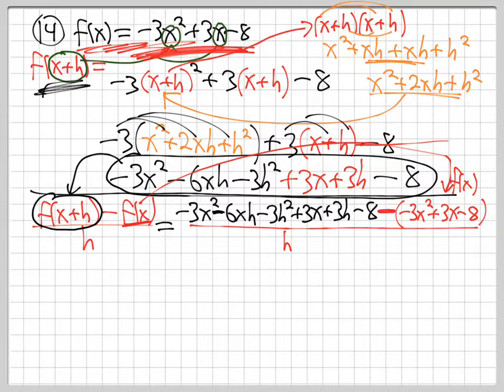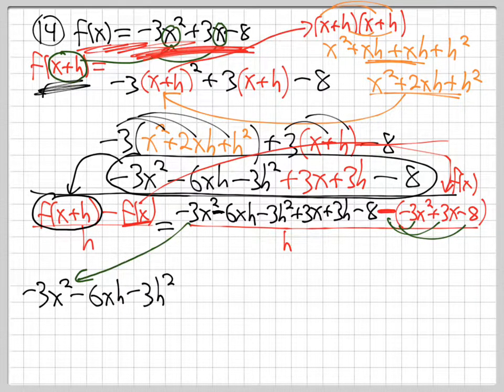And there's a minus in front, and then you always got to put parentheses around the f of x because you're going to distribute through those parentheses. So I'm going to take the parentheses, now I'm going to go boom, boom, boom. So what do we got? I'm going to bring it all down here. So we've got minus 3x squared, minus 6xh, minus 3h squared, plus 3x, plus 3h, minus 8, and then distribute that minus through there.